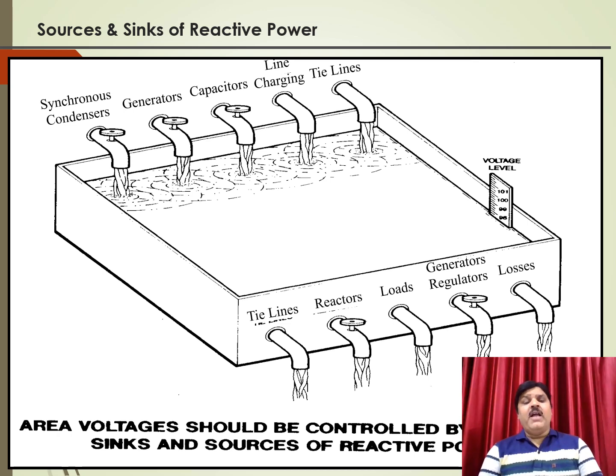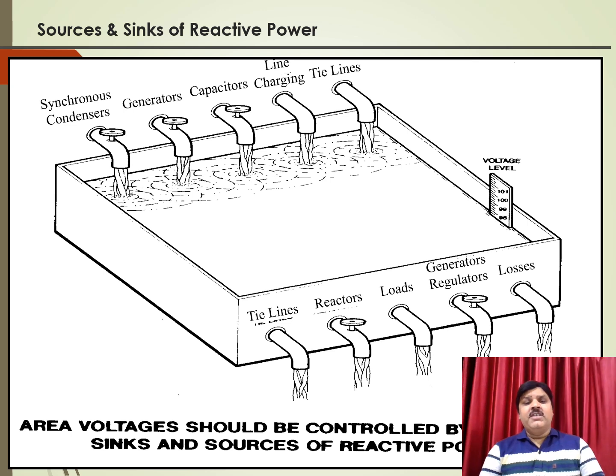Similarly, all inductive loads consume reactive power and reduce the voltages. Especially inductive loads at the consumer end drastically reduce the voltages, which can hamper the working or efficiency of the system and increases the line losses of the system.